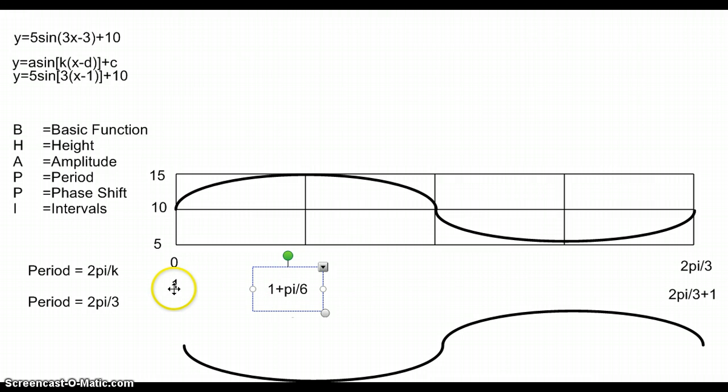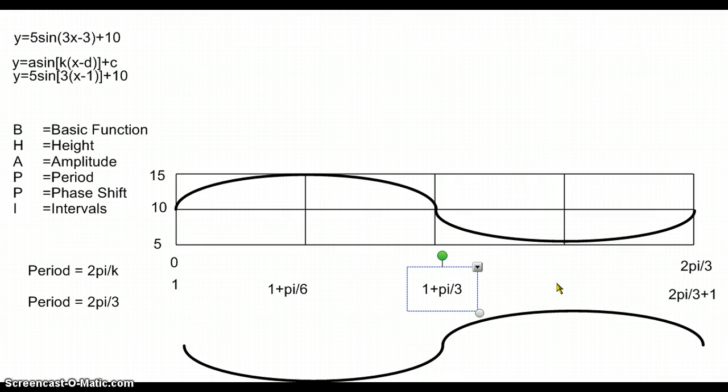So here we started with 1 plus pi by 6. We could change that to a decimal, of course. Then to the 1 plus pi by 6, we add another pi by 6, and as we know, pi by 6 and pi by 6 is pi by 3. So here we could write 1 plus pi by 3.